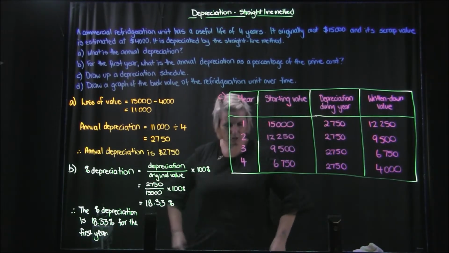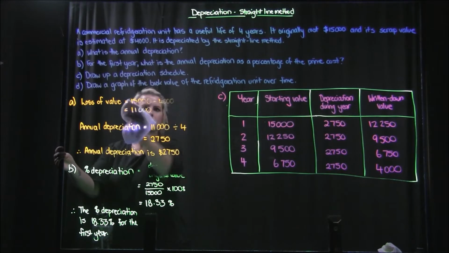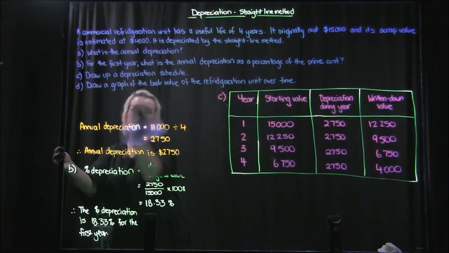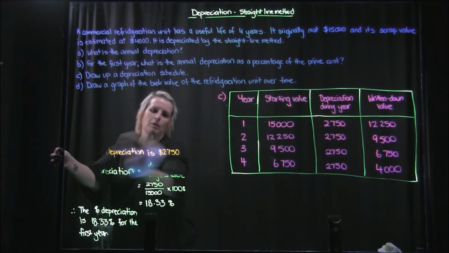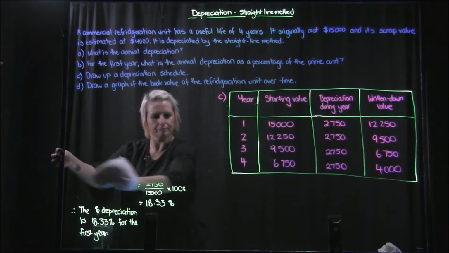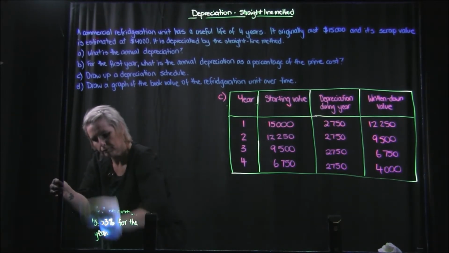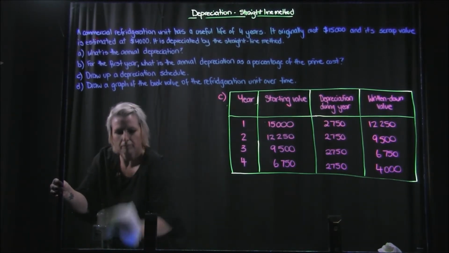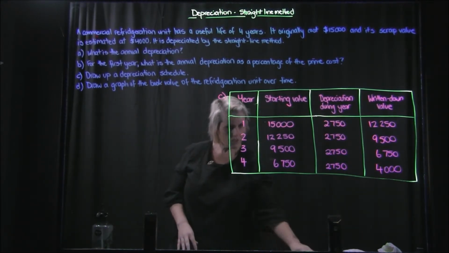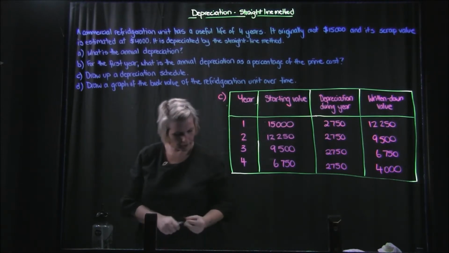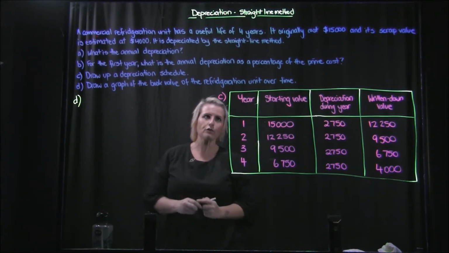Okay, and lastly, I need to actually graph this. So to do that, I'm just going to get rid of this side, because I don't have enough room. But we will need that table because they're the amounts that we will graph. So for D, draw up a graph of the book value of the refrigeration unit over time.